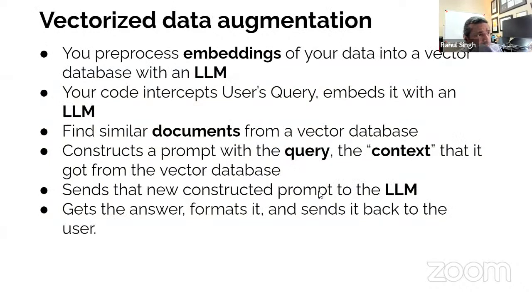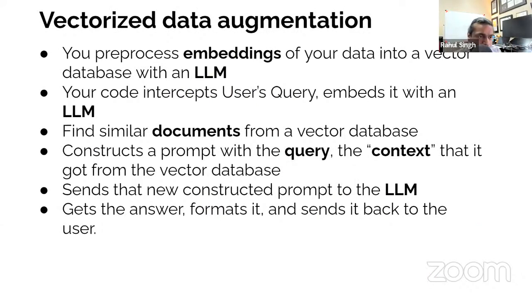Now, vectorized data augmentation, it's slightly different. It's not that much different, but it's slightly different. We have to pre-process our data into a vector database. And we'll talk about why in a second, but just stay with me here.